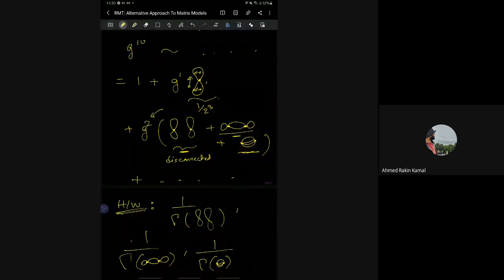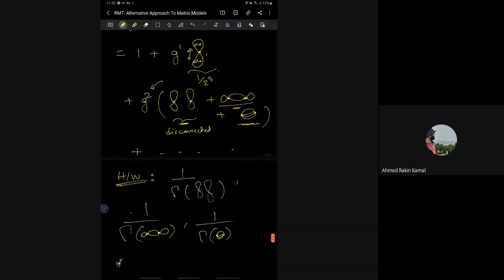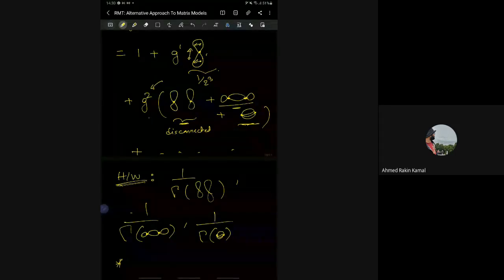If you know what kind of graphs you generate and how many of them you have, you can look at them, calculate the symmetry factor, and then you know everything. At order G cubed or G to the fourth, you don't need to go into that analysis.